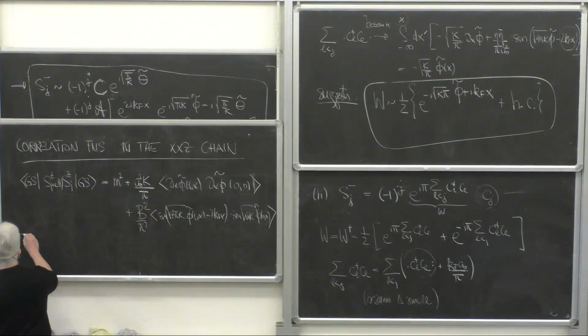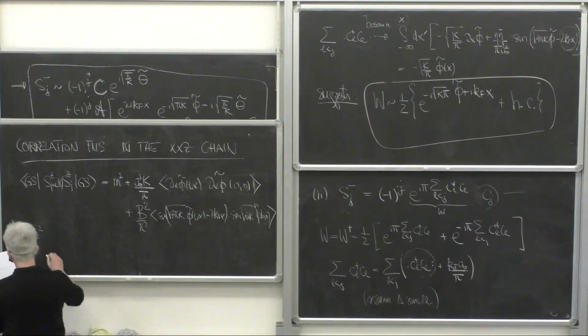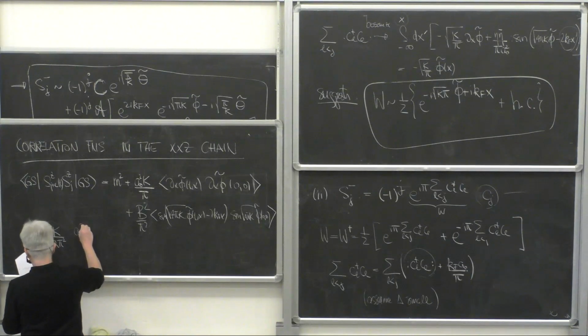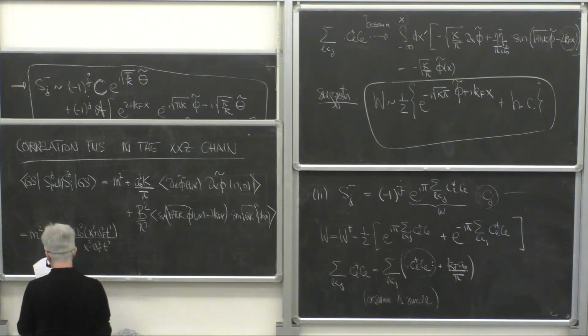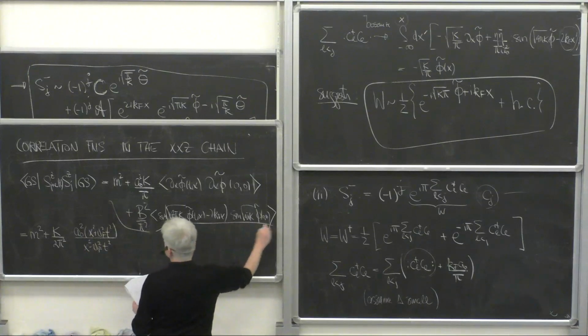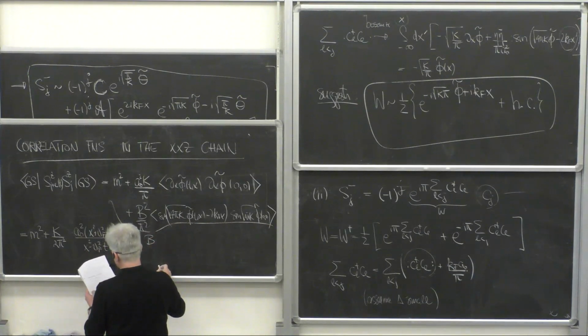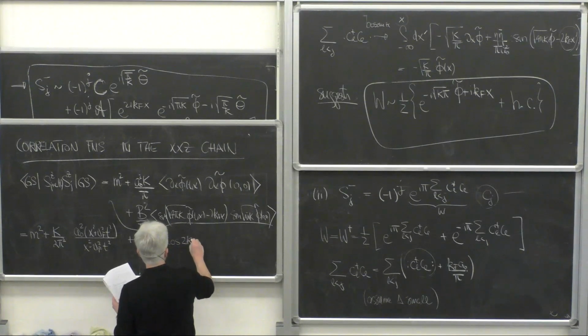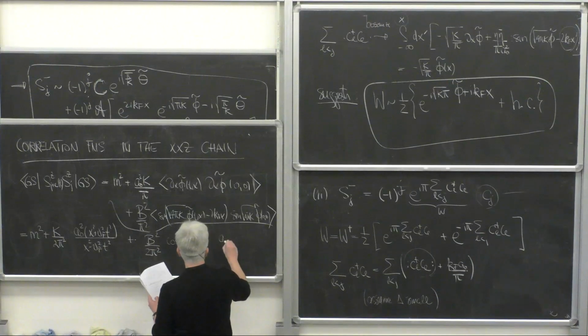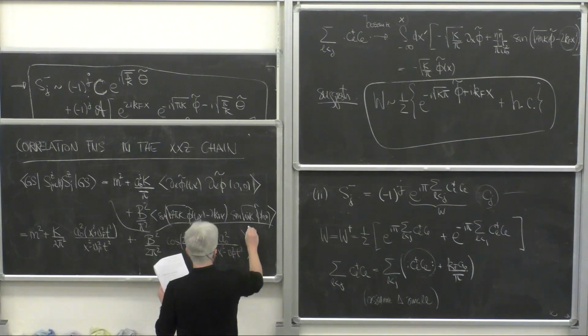It's very, very nice. So this has a constant piece, which is magnetization squared, and then we have plus k divided by 2 pi squared, a naught squared, x squared plus vf squared t squared over x squared minus vf squared t squared, plus b squared over 2 pi squared cosine 2kfx, and then here we get a naught squared divided by x squared minus vf squared t squared to the k.